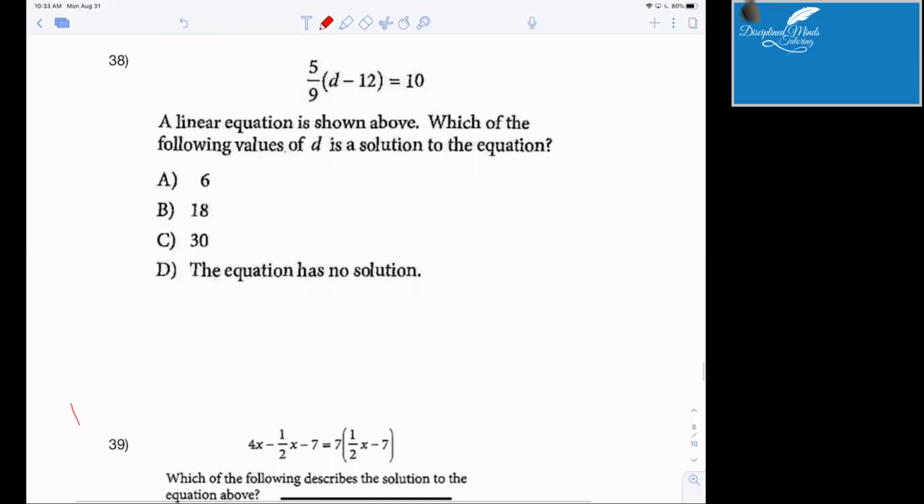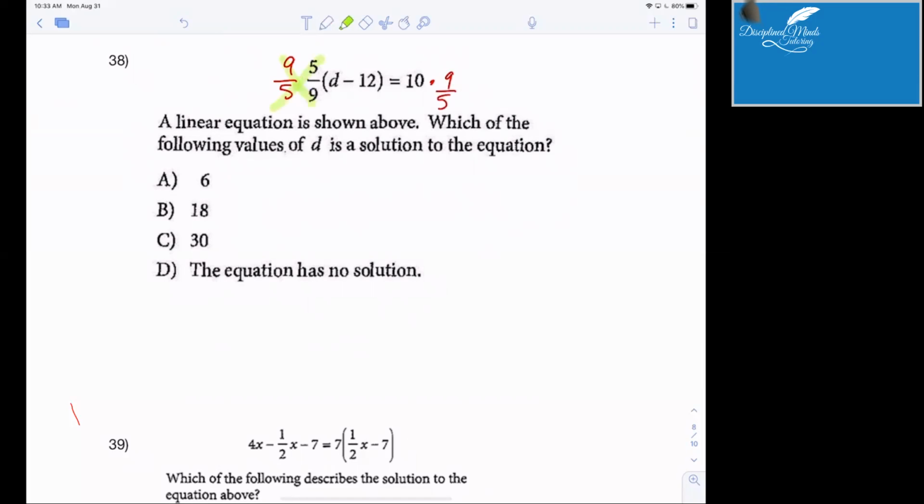Now, 38. We just have to solve this. Now, instead of distributing the 5/9, it would be easier if we just did what? No, we don't say dividing a fraction. Multiply by the reciprocal. So everybody's going to put over here 9/5 times 9/5.